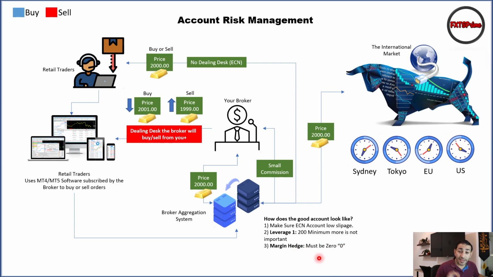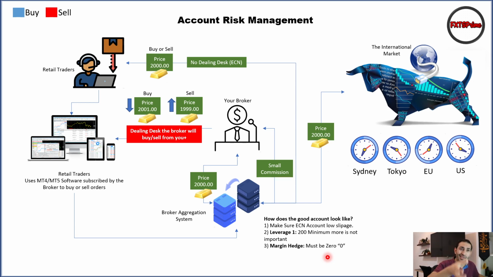So make sure that your hedge margin on your account is zero. What does it mean? When you open sell and when you open buy, you are going to use zero amount of money for these two trades because they are against each other.